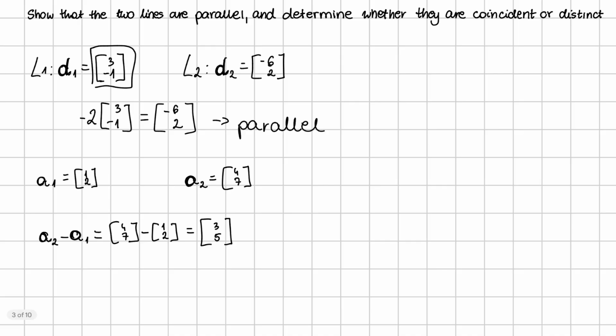Now if our new vector (3, 5) were parallel to vector D1, the two lines would lie on top of each other.